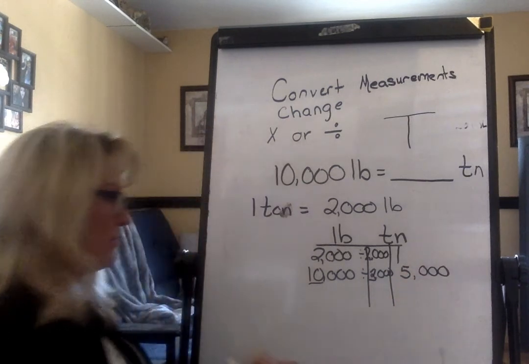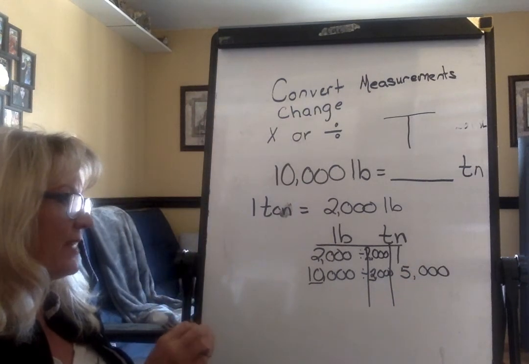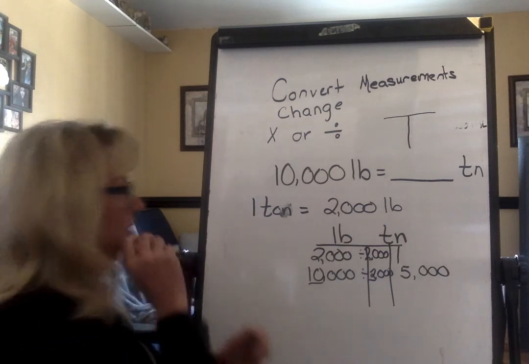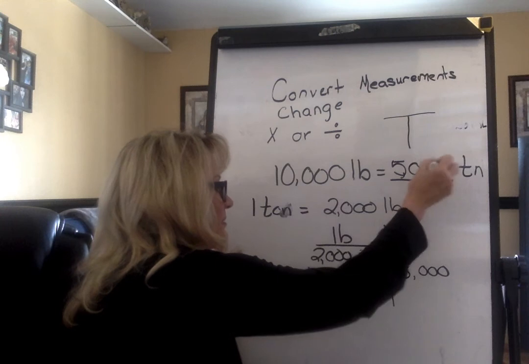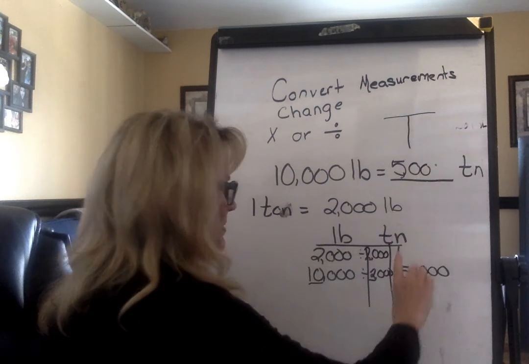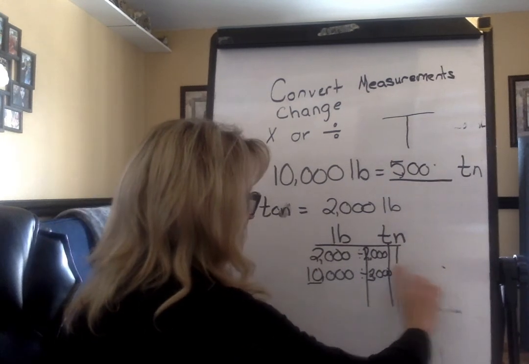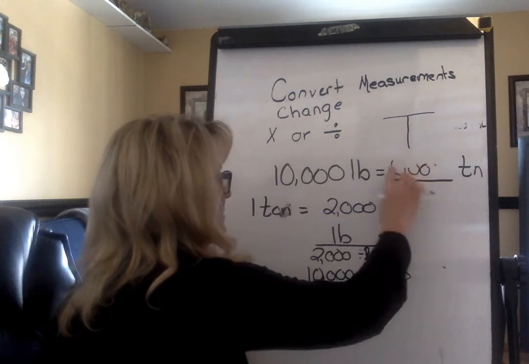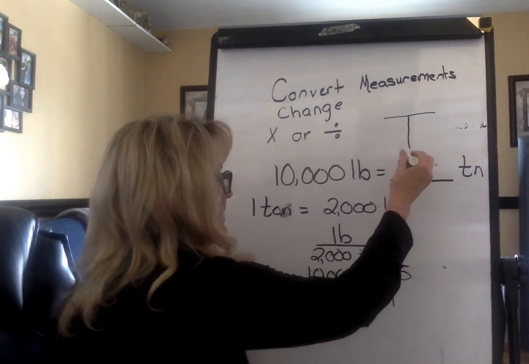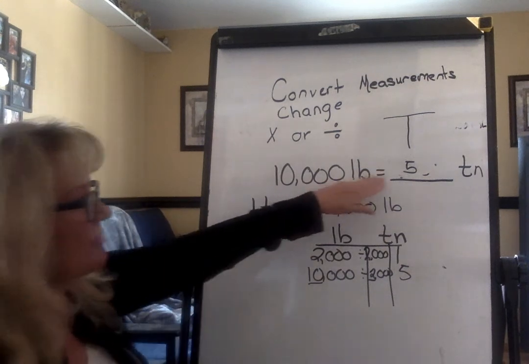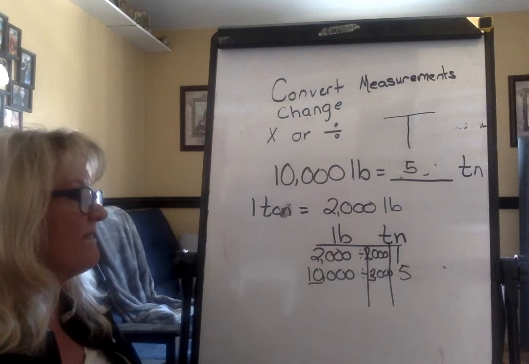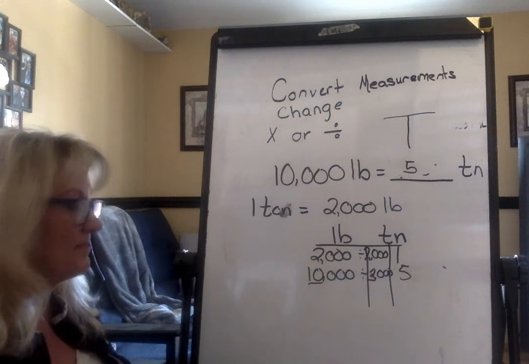Just like 10 divided by 2 is 5, 10,000 divided by 2,000 is 5. Whoops, let me get that right. Is 5. Okay? So I know that 10,000 pounds is the same as having 5 tons.